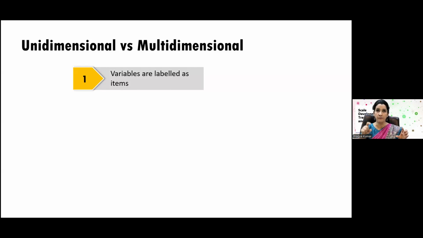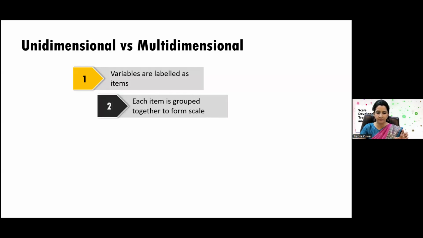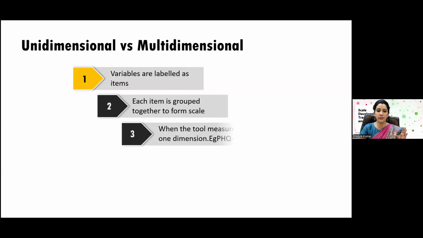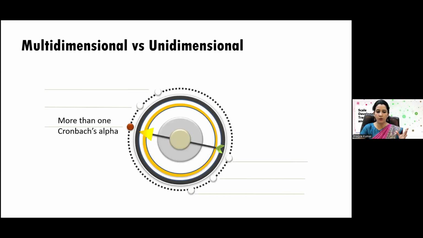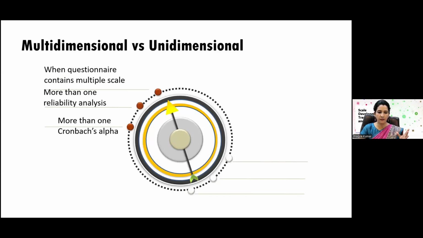So in this case, each item is grouped together to form a scale. And if there is one dimension like PHQ9, then there will be 1 Cronbach alpha. If there are more than 1, then there will be that many Cronbach alphas.